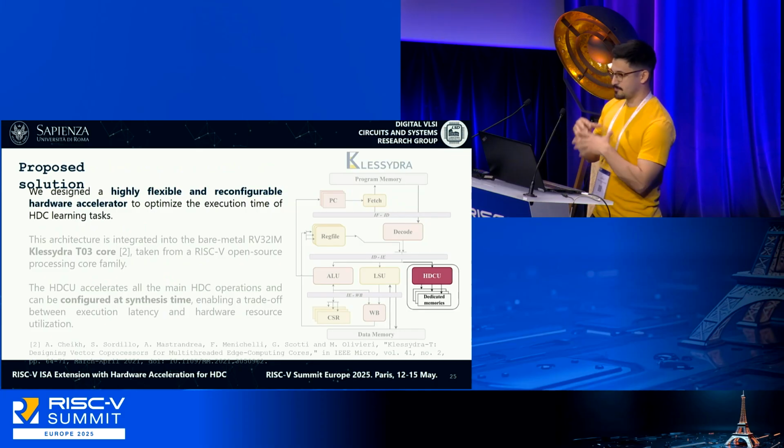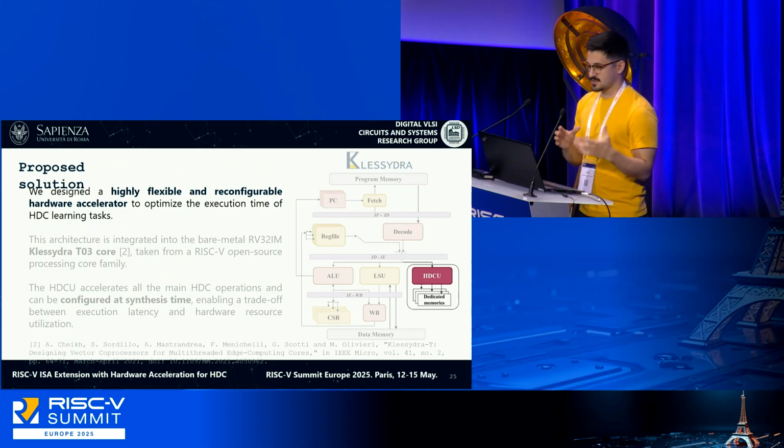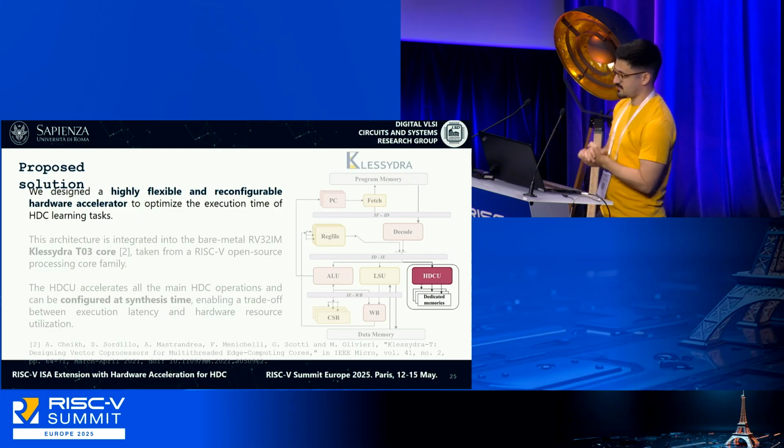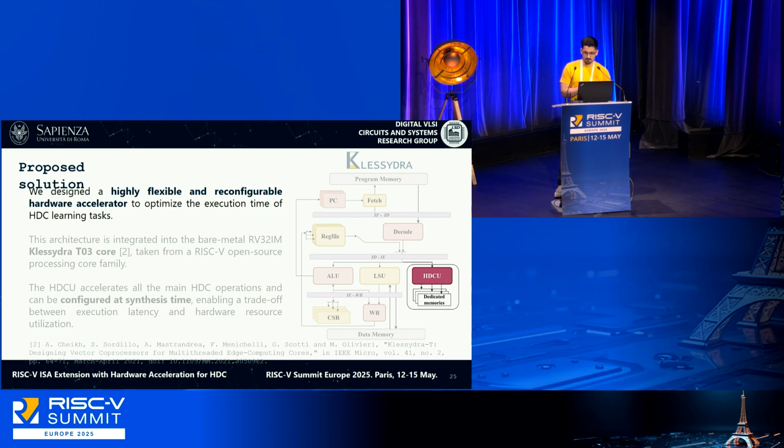So instead of building yet another fixed-function standalone accelerator, we directly integrate into a RISC-V processor a reconfigurable hardware accelerator, which we call HDCU, to optimize the execution time of HDC tasks.